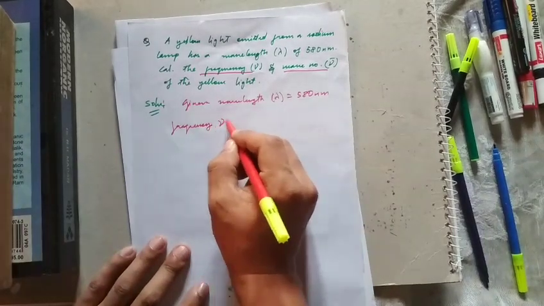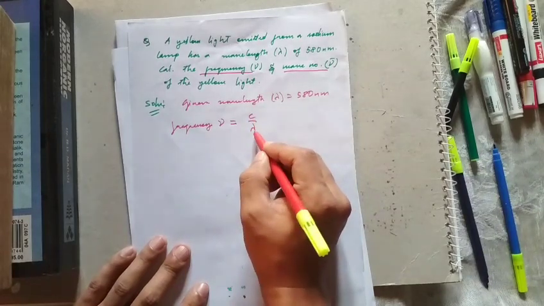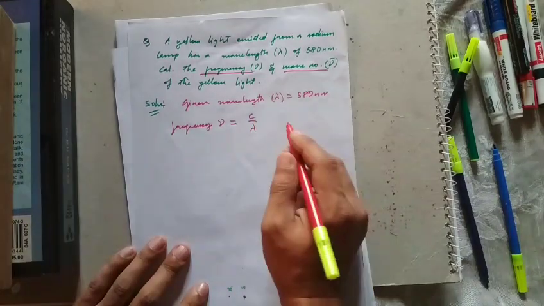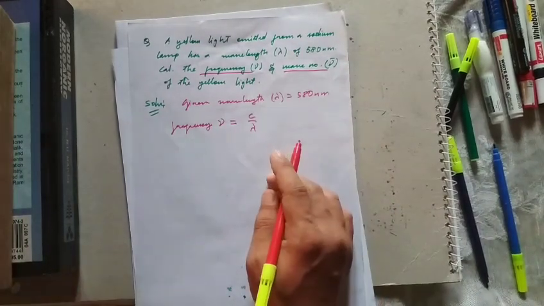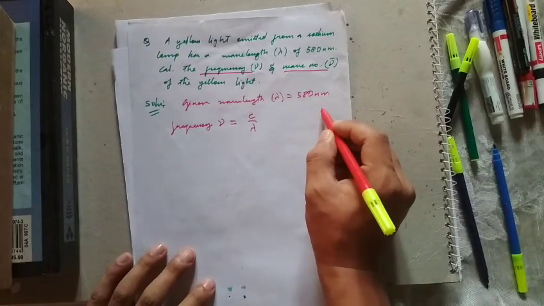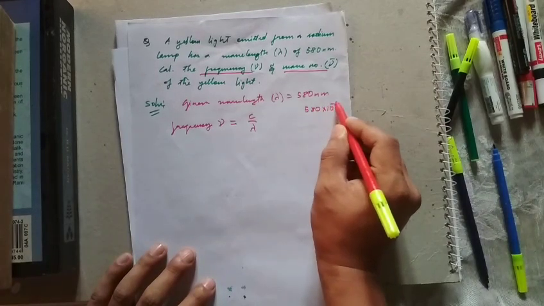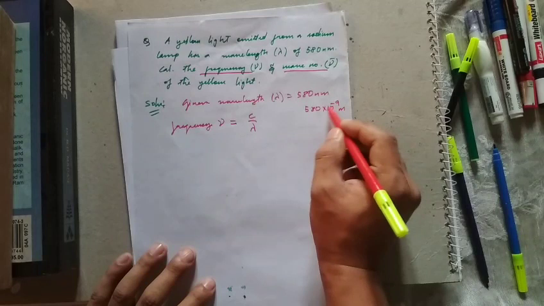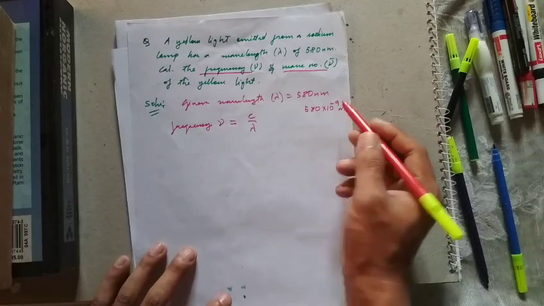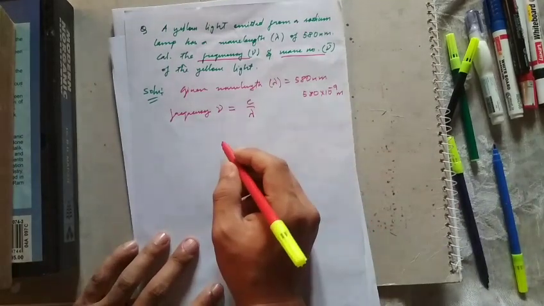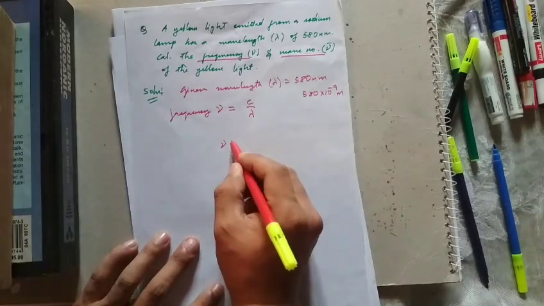So frequency is given by nu. So nu is equal to c by wavelength, or lambda. 1 nanometer, when we convert to meter, 580 nanometer will be 580 into 10 to the power minus 9 meter.